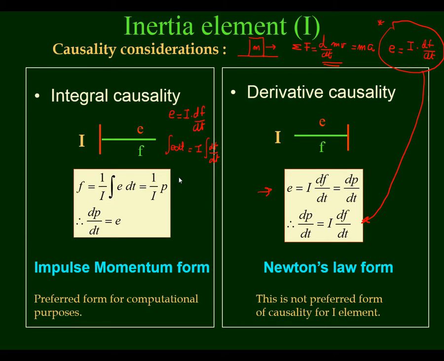So it's very obvious. You integrate this, you would have this derivative. You can write down that this is 1 over I times the integral of e dt. This is equal to f. This is the same thing as this equation.